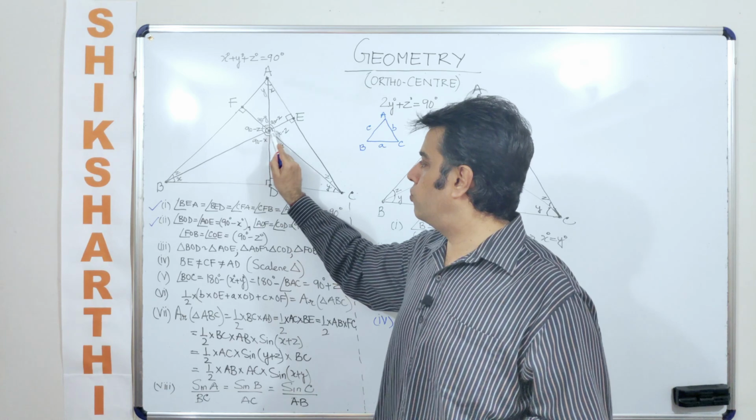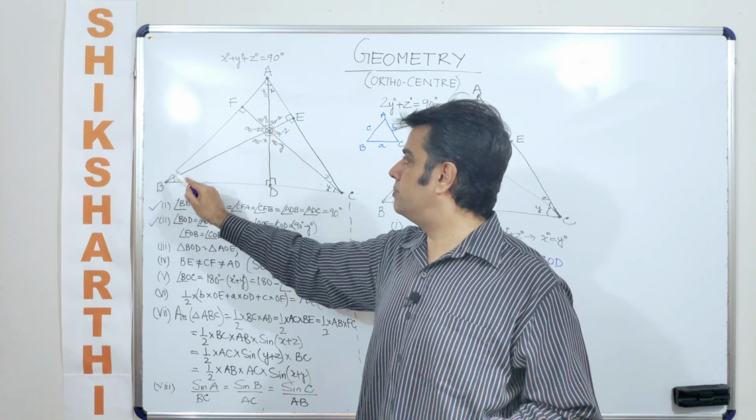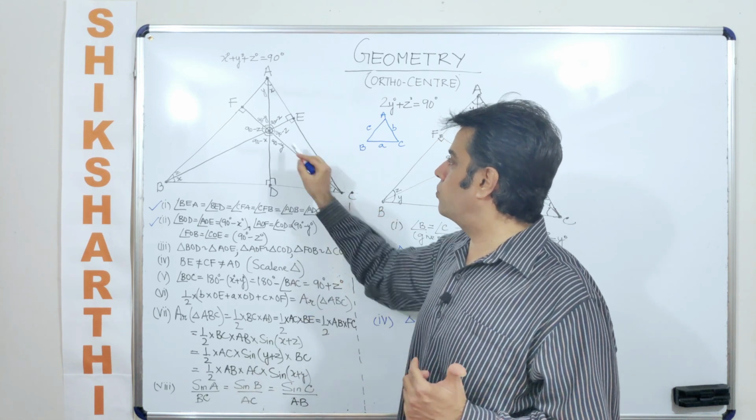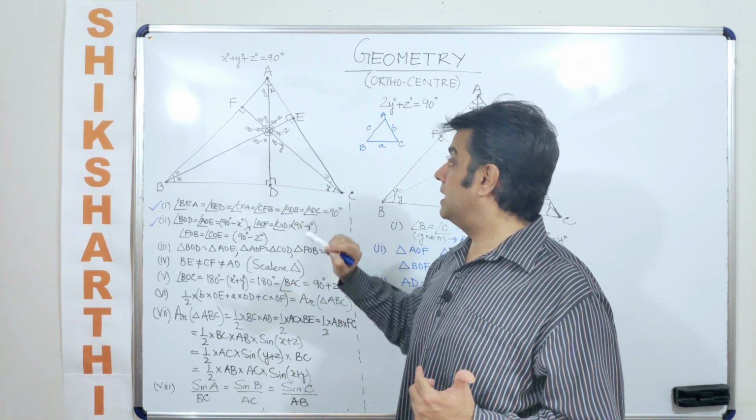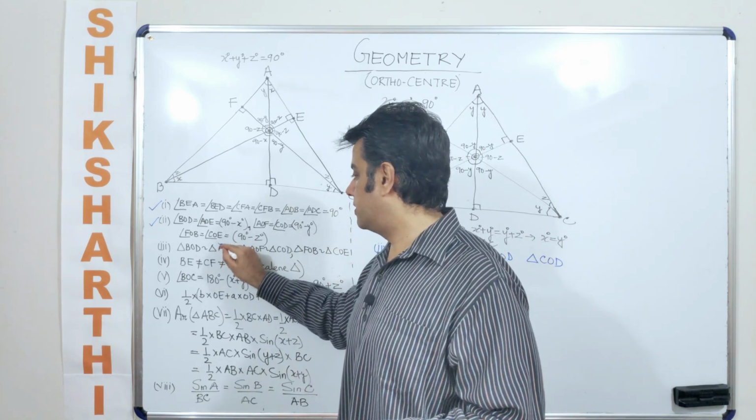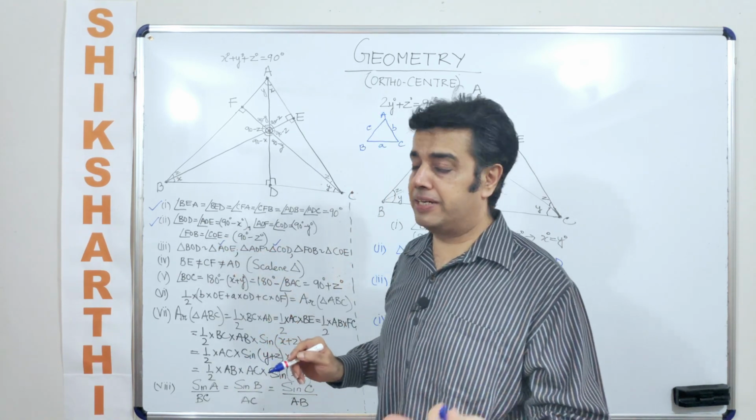So FOB is similar to the triangle COE. Let's see whether this is correct or not. These two are correct. So just to practice similarity.